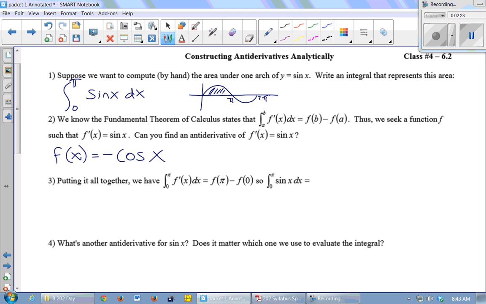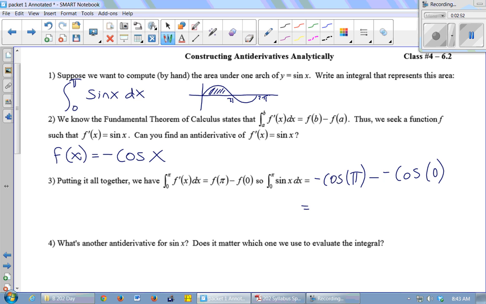So putting it all together, the integral from 0 to pi of f prime of x dx, where f prime is sine of x, would be f of pi minus f of 0, and f is negative cosine x. So my integral from 0 to pi of sine x dx is going to be negative cosine of pi minus negative cosine of 0.